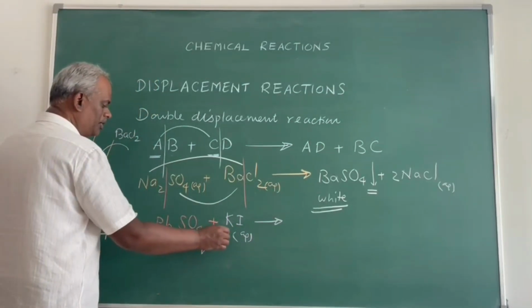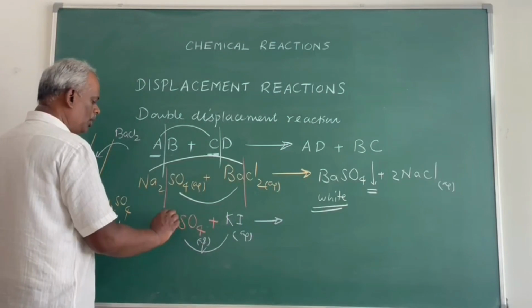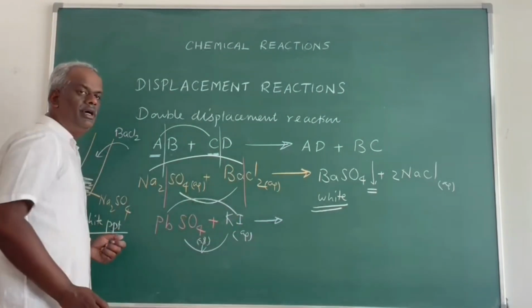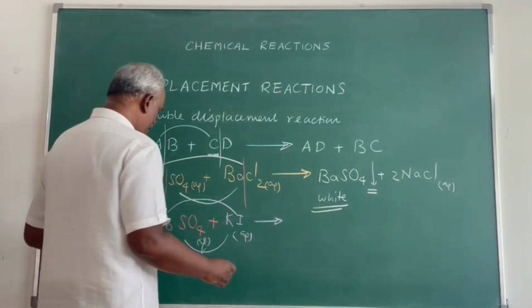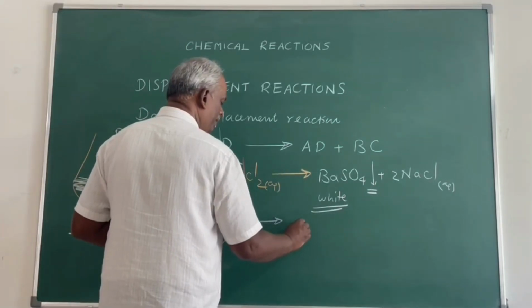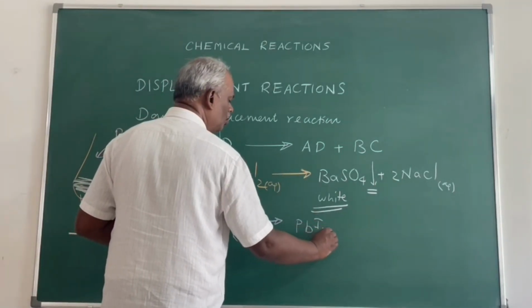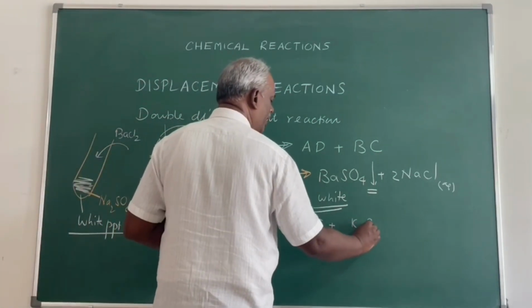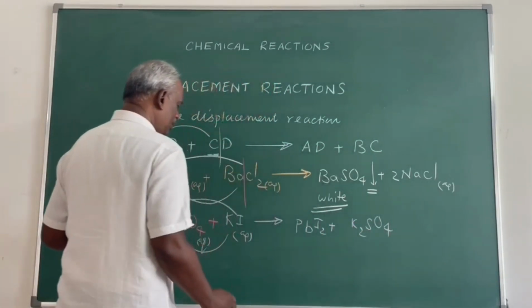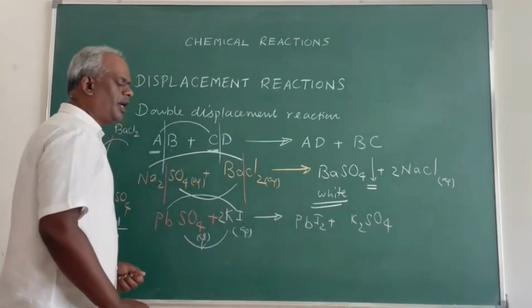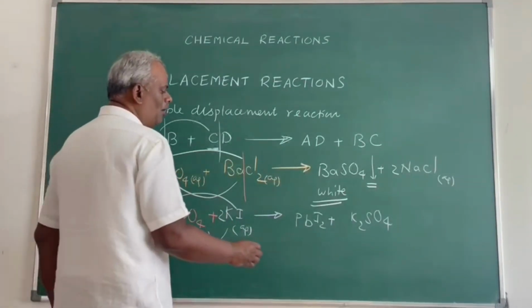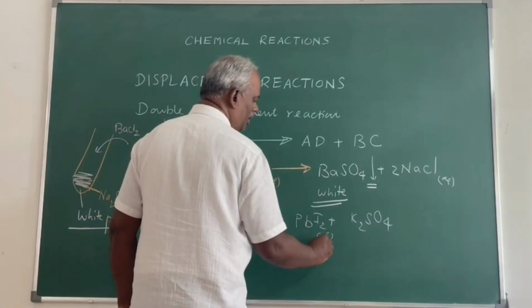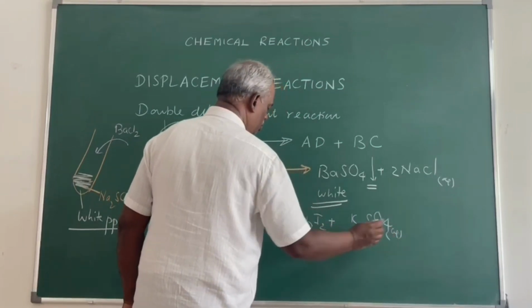The potassium is going to combine with SO4 and lead is going to combine with iodide. The products formed are PbI2, and the other product K2SO4. And for balancing we can write 2 times. The lead iodide might be in the form of solid and this one is aqueous.